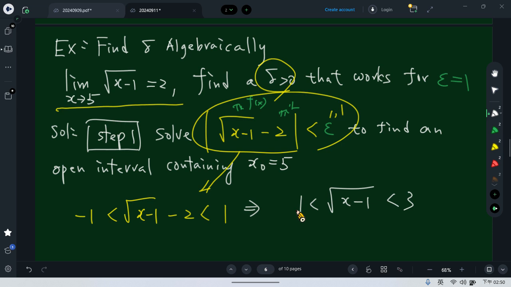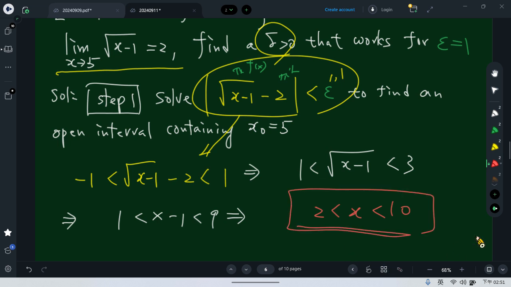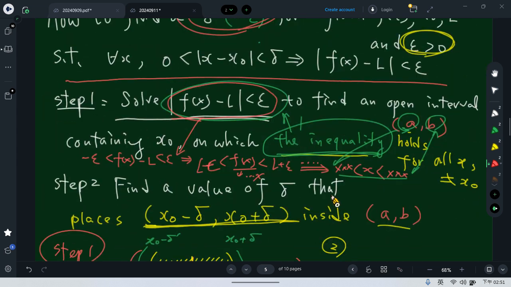So here will become 1, here will become 3, and in the middle we will just have square root of x minus 1 left. Then we can continue so that finally we get 2 less than x less than 10. So till now we have already found the AB for the first step, right? Solve this to find an open interval AB.